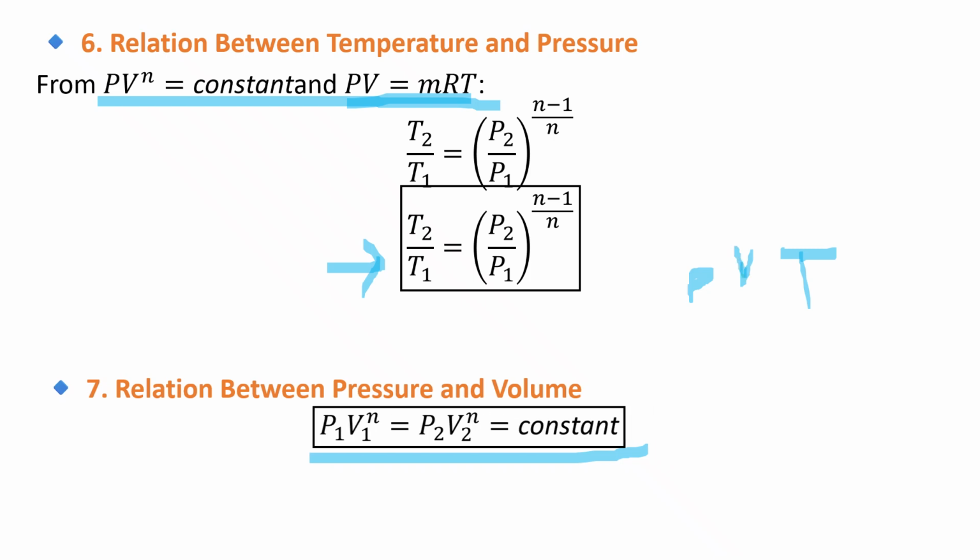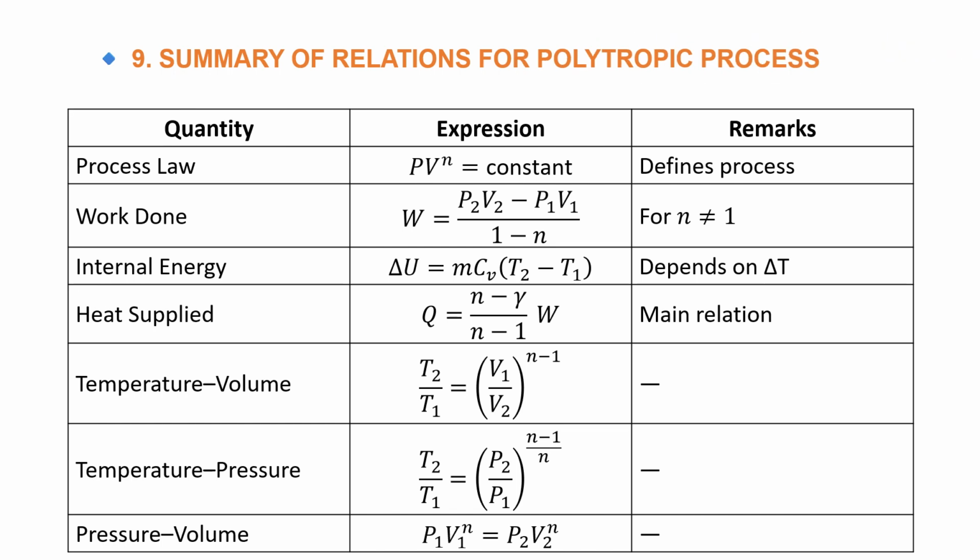So this is the end of all the formulas related to the polytropic process. This is a conclusion of what we did. The process law is PV^n is constant. Work done W for n not equal to 1 is (P2V2 minus P1V1) divided by (1 minus n).